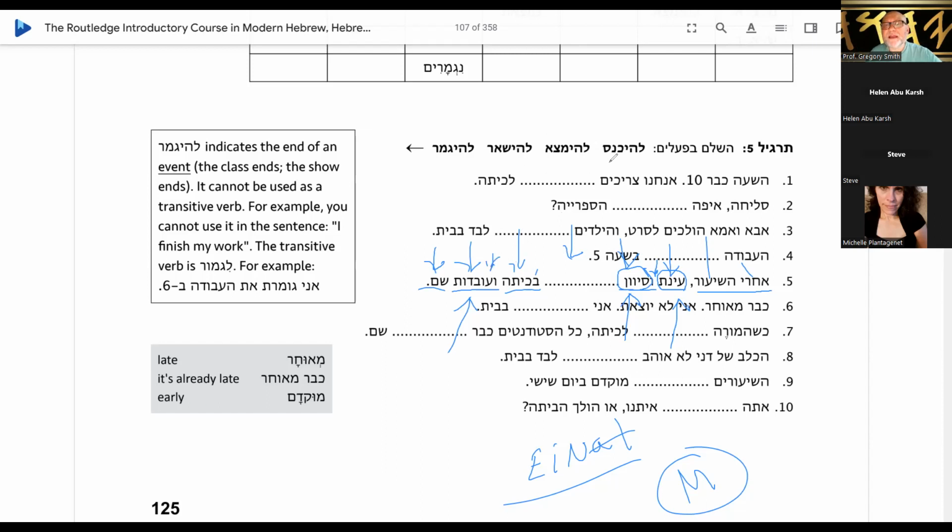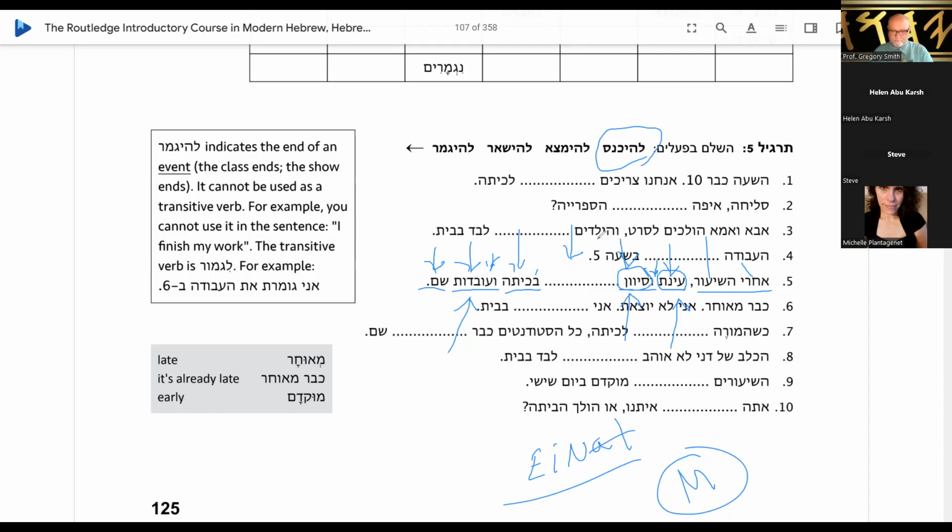So then what is the action one we're looking at? Let's see. So we have acharei hashiur, so after the class, Einat and Sivan, I think it probably has to be staying in class and working there. Maybe they're part of the university and they're in the cleanup crew, possibly. But let's take a look at this right here.